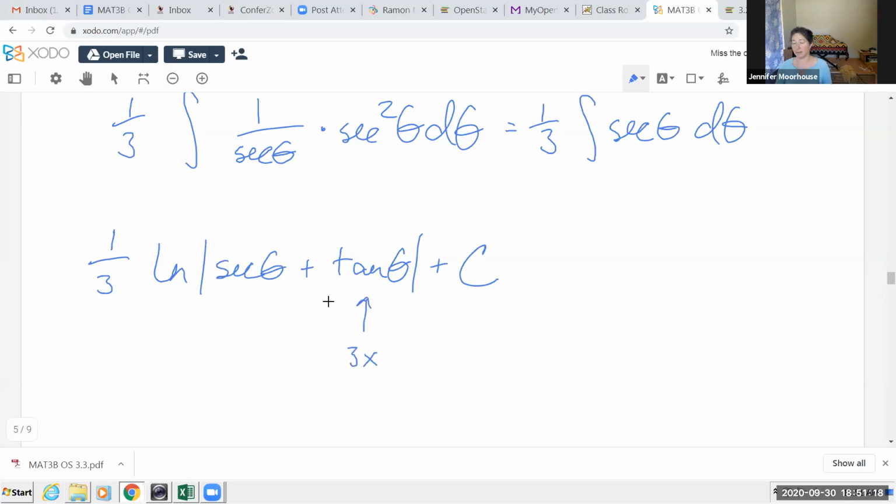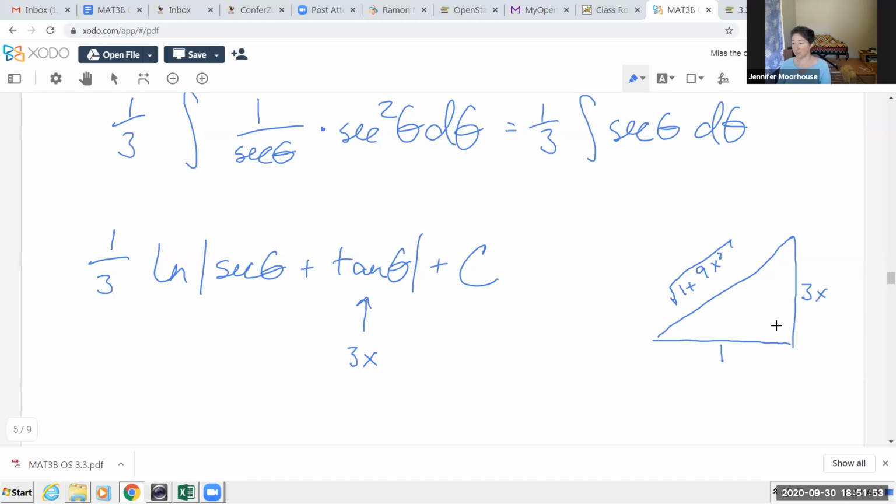And remember, tangent is opposite over adjacent. So I draw my triangle. Opposite side is 3x. The adjacent side I'm going to make 1. So 3x over 1 is just 3x. And then the hypotenuse is the square root of 1 plus 3x squared, which is 1 plus 9 times x squared.